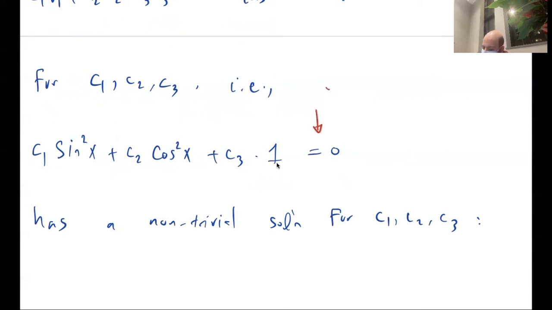This equality must be valid for every x. Why should it be valid for every x? Because this 0 means constant function 0, and if a function equals constant function 0, that would happen only if the left-hand side is equal to 0 for every value of x.